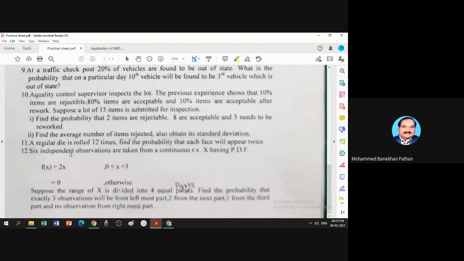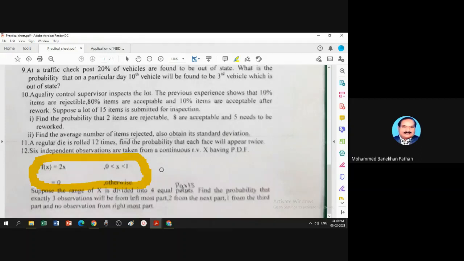6 independent observations are taken from a continuous random variable x having PDF. This is your PDF: f(x) equal to 2x, x is between 0 to 1, and f(x) equal to 0 otherwise.